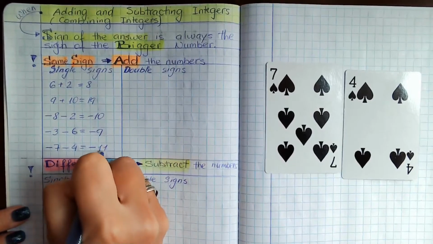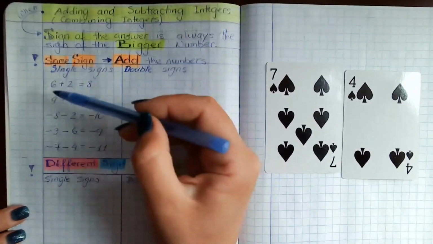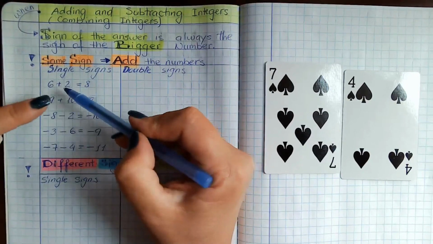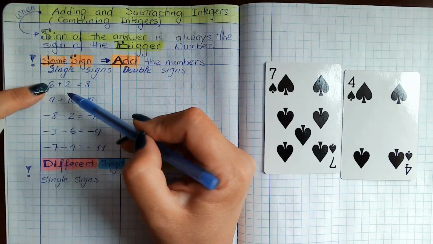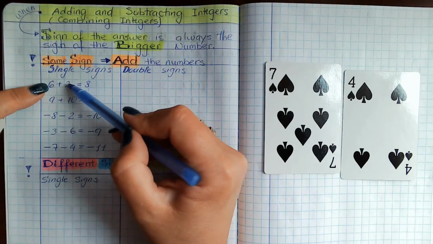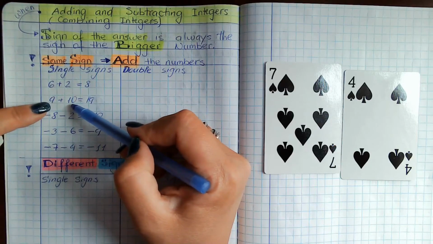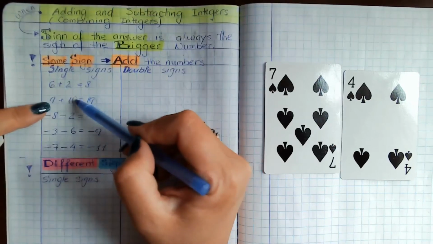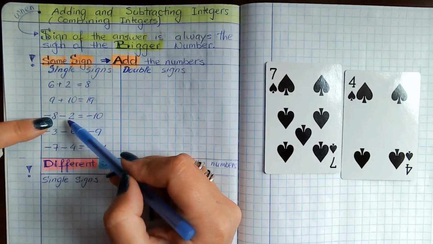Negative 11. In this video, I'm going to focus on the single sign only. So every number will have one sign in front. 6, the sign is not showing, but it's positive. 2 is positive. Add the numbers. 8. 9 is positive. 10 is positive. Same sign, add. 19. 8 is negative. 2 is negative.